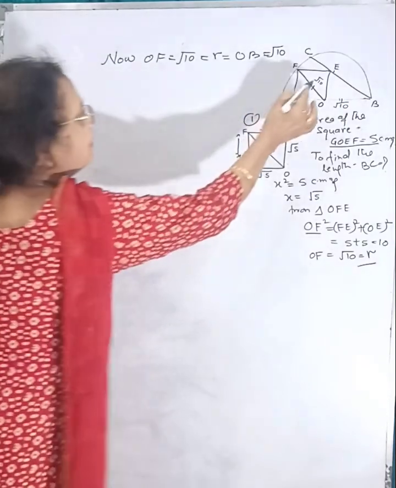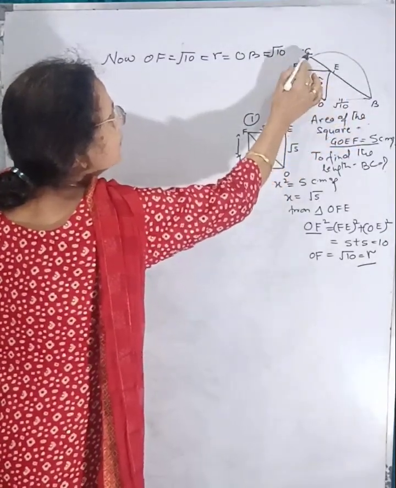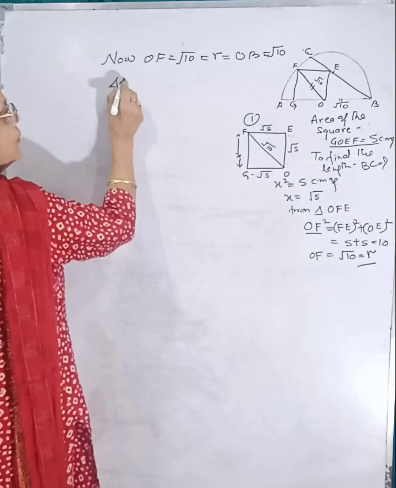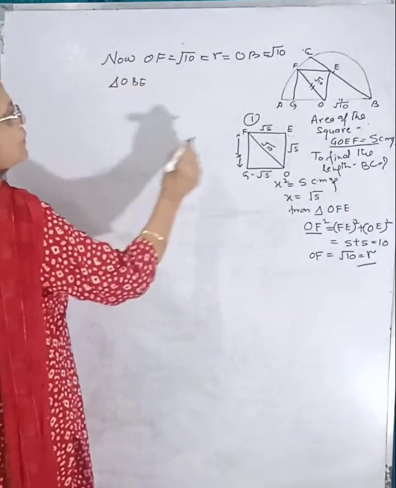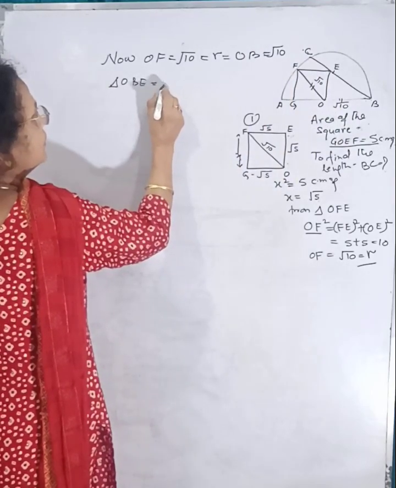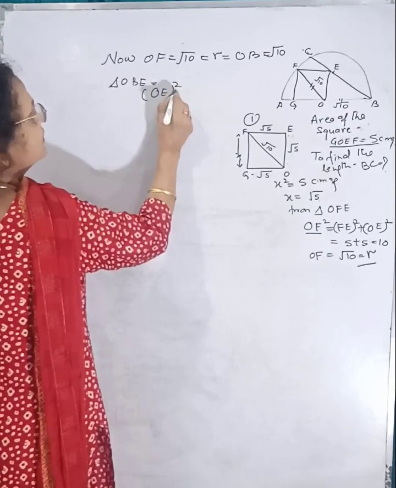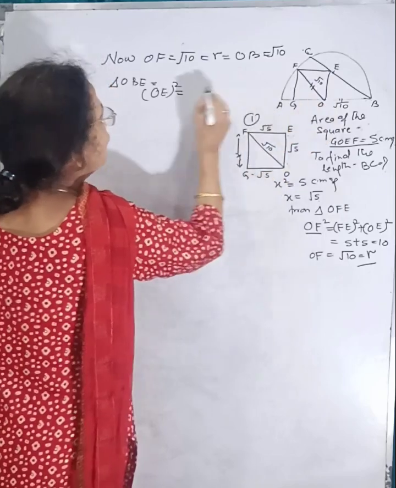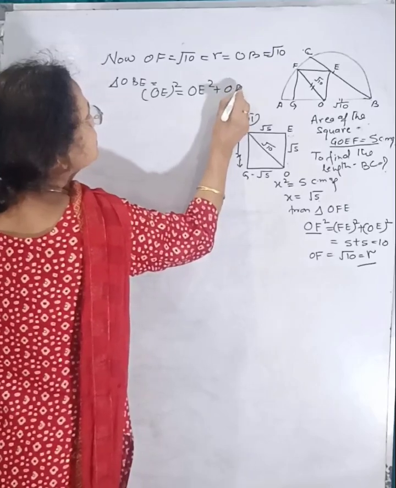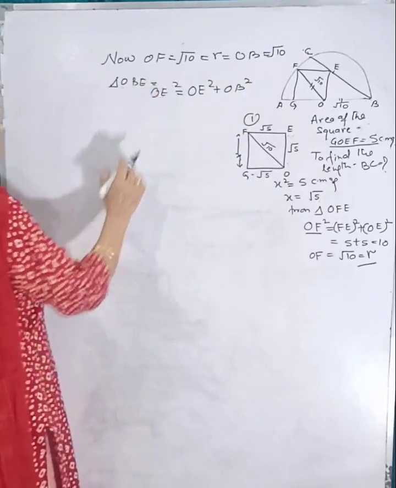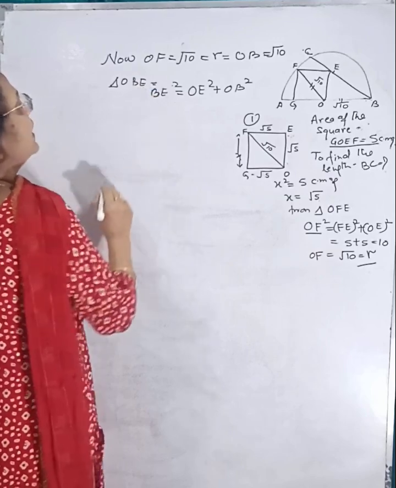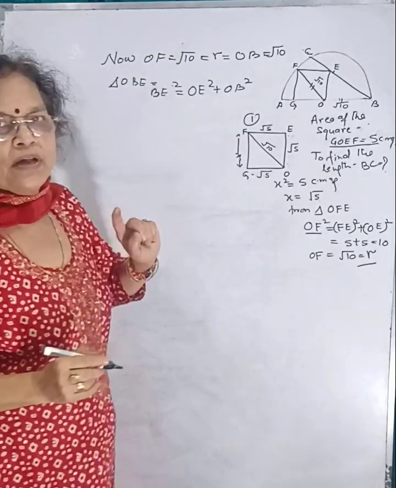Now we can obtain EB, in triangle OBE. BE square, as per Pythagoras, will be equal to OE square plus OB square.